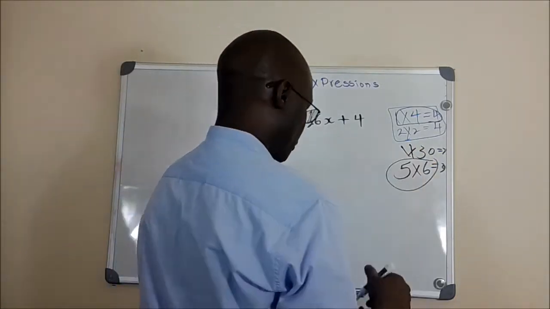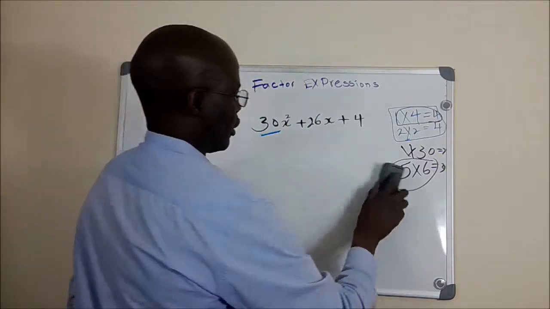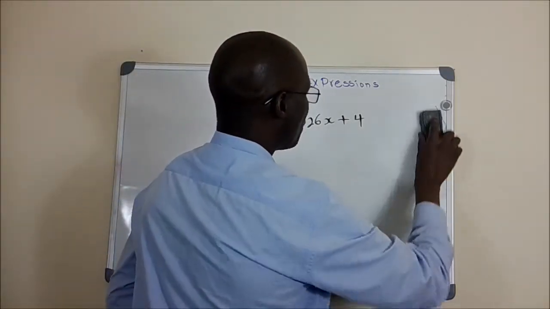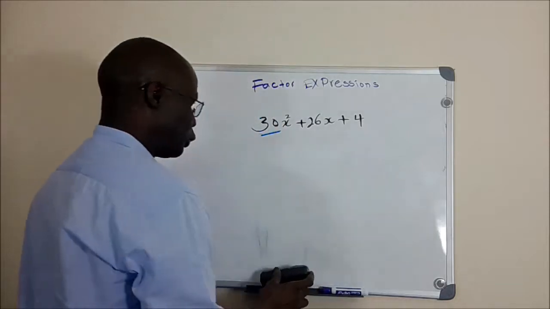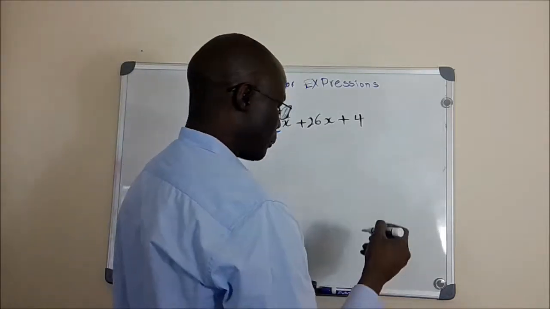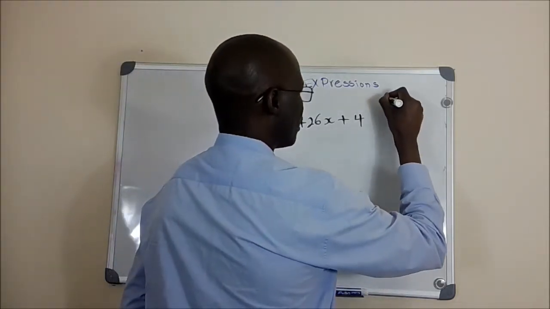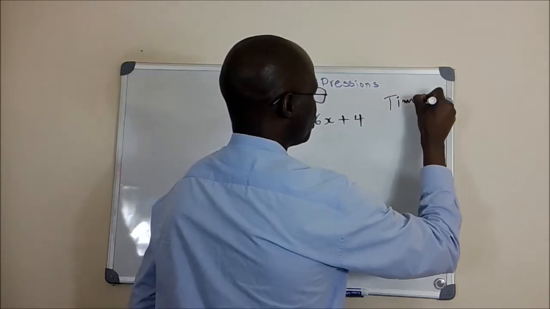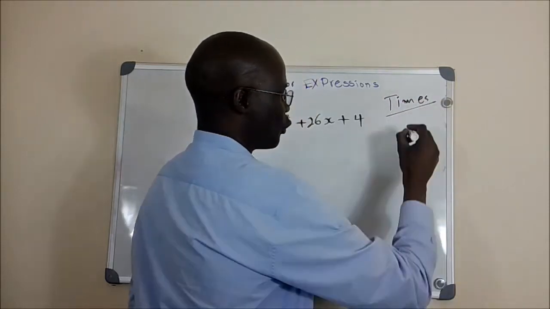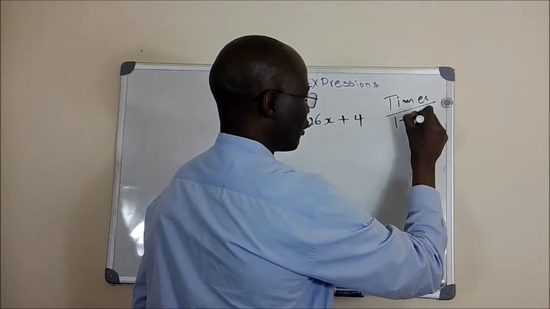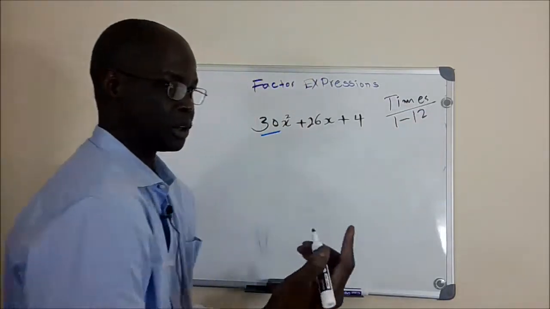So, yep, we got it. The way you do it, you have to know your times tables. And I think if you're in high school, you should know, because we have times from 1 to 12. It should be easy for you to do it.